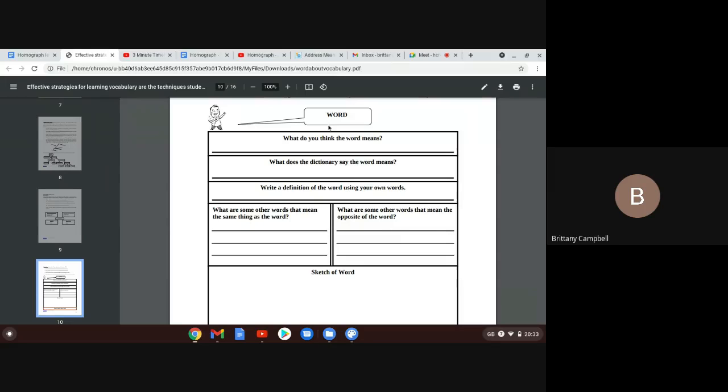So select your words and then you're going to say what do you think the word means. That's the first thing. Then you're going to say what does the dictionary say that the word means. Write a definition of the word using your own words. What are some other words that mean the same thing as the word? And what are some other words that mean the opposite of the same word? And then you're going to sketch a picture there.